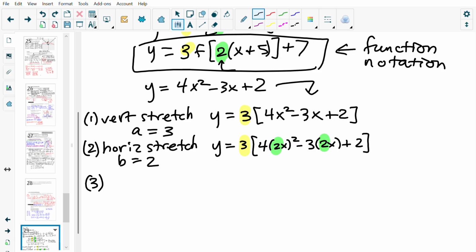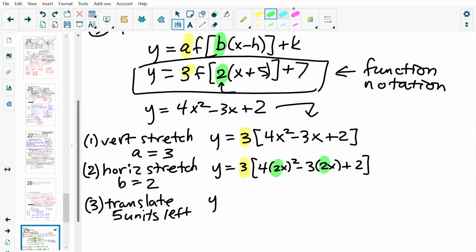Number 3. Okay. Translate 5 units left. Okay, what does that look like? We're going to translate 5 units left.